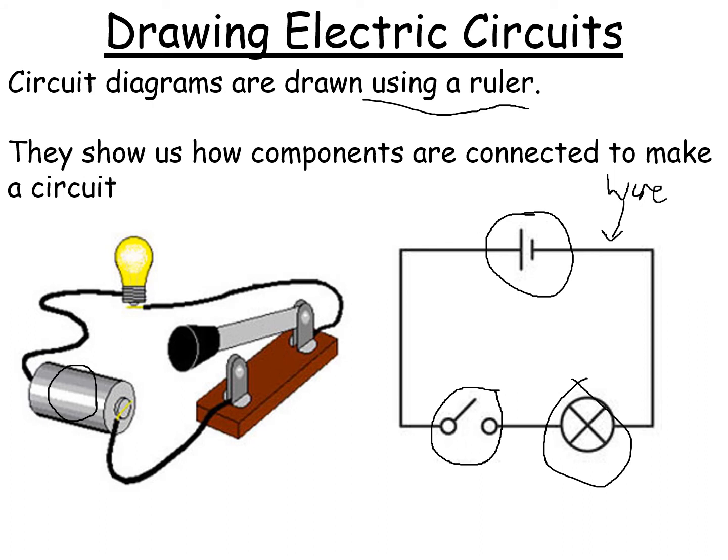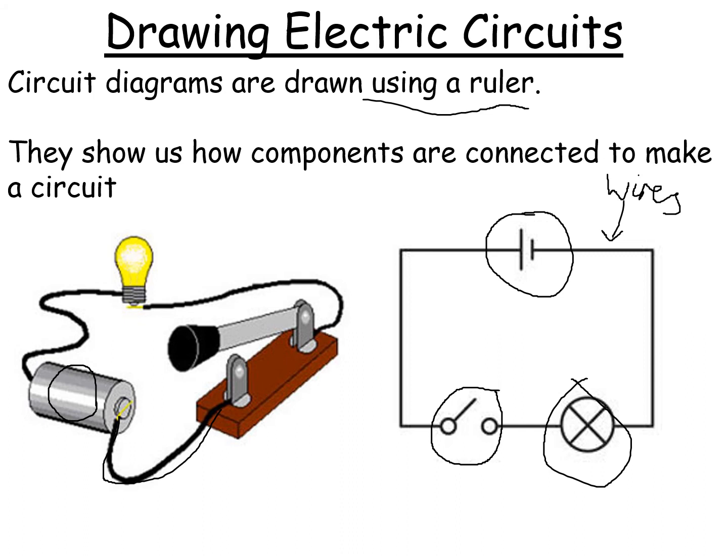Okay. And notice how the circuit diagram is in a rectangular or a square shape. We don't draw it like a curly line like this. We draw it in a square box or rectangle. Number one, because it looks nice and neat. Number two, because it's easier to draw squares and rectangles if you're using a ruler.